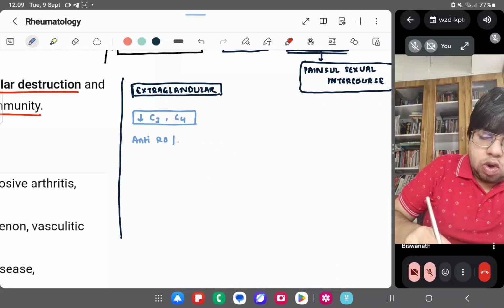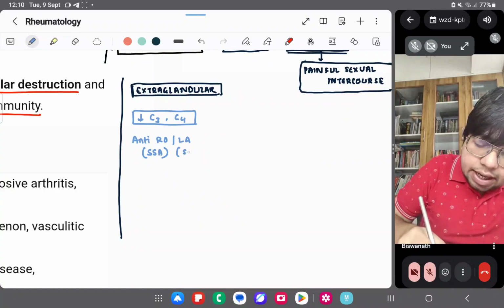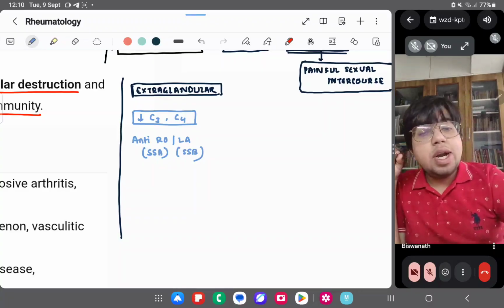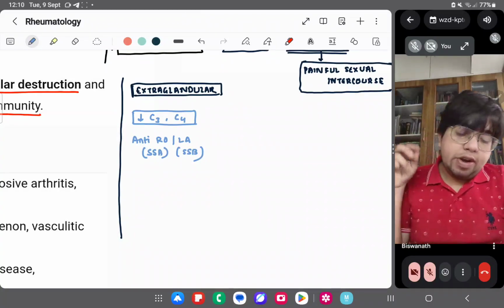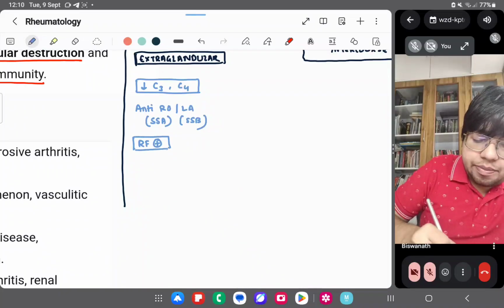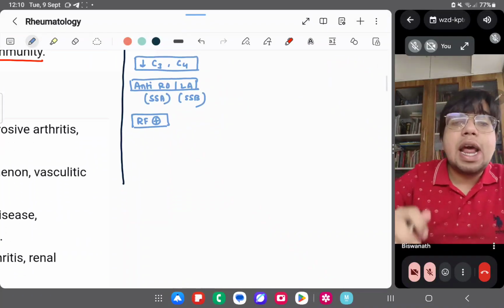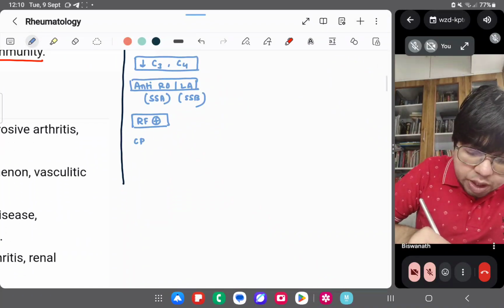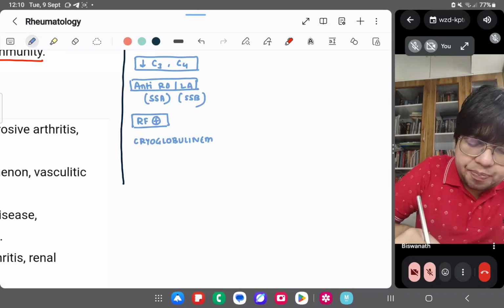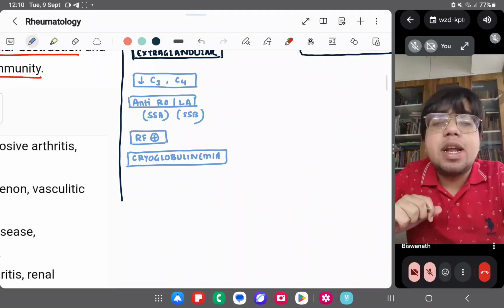This anti-Ro is called SSA. This anti-La is called SSB. Okay, anti-Ro and La. Then rheumatoid factor positive, RF positive, anti-Ro La antibodies, rheumatoid factor positive and cryoglobulinemia. These all factors point towards the extraglandular type of Sjogren.